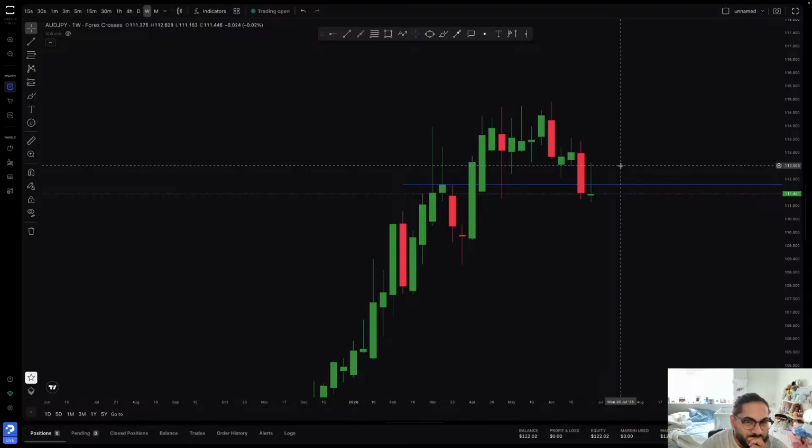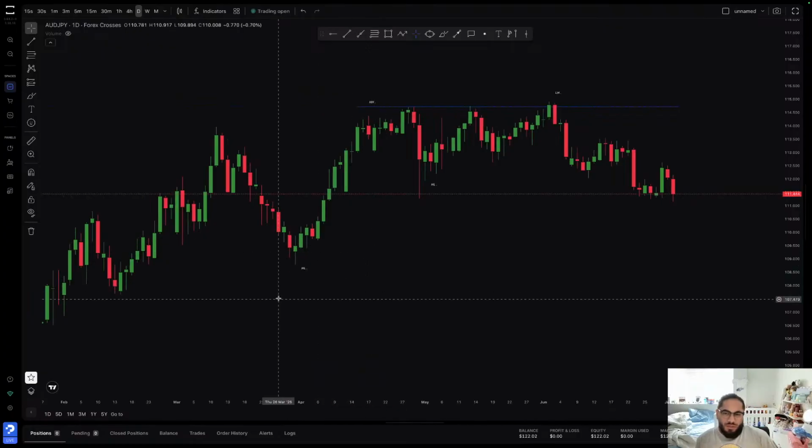Overall structure. Higher low, higher high.